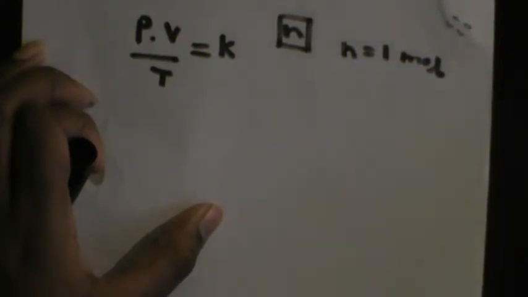For both Charles' and Boyle's laws, the mass is constant, so the number of moles is a constant. When pressure, volume and absolute temperature are all changing and only the mass is constant, you get the equation PV by T is a constant.